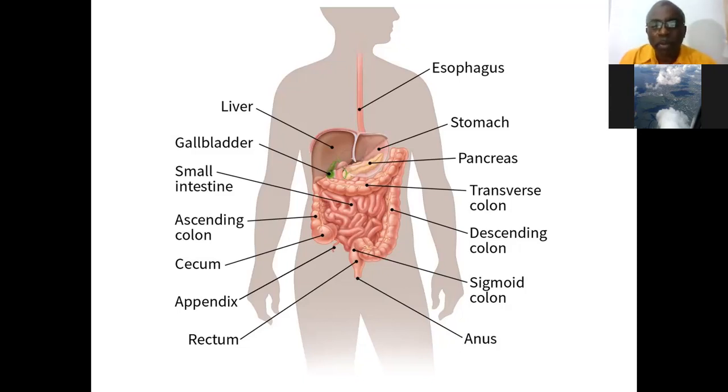And then when you go to the large intestine, it has another process. So the peristalsis is a wave that comes every now and then and goes towards the intestine to push the food along to enable digestion.